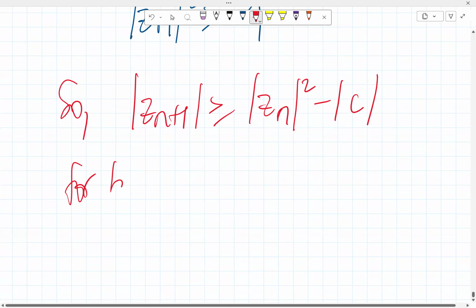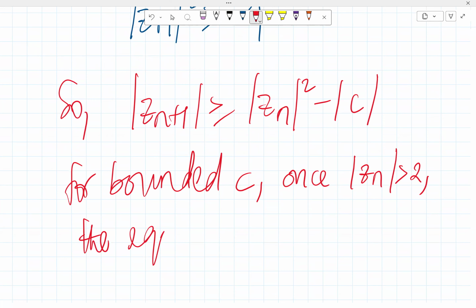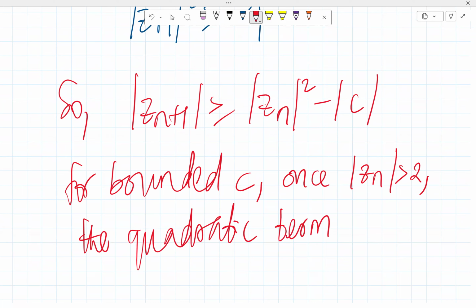So for bounded C now, so if C is not exploding, that's what we mean. For bounded C, once the absolute value of Zn is greater than 2, the quadratic term dominates.